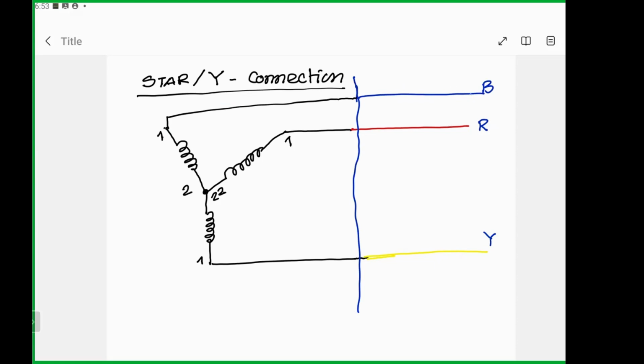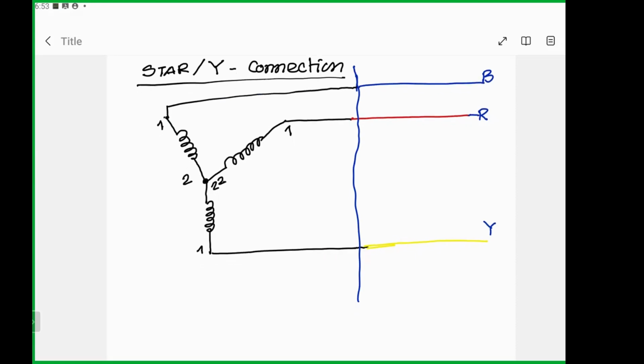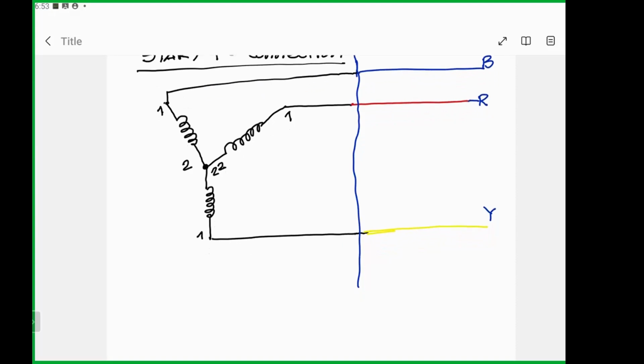So these are the different lines of the system. Now, with respect to this connection, we can differentiate. There will be a neutral, which let us consider with the green one. So this is the neutral usually connected with the system. So this is N.